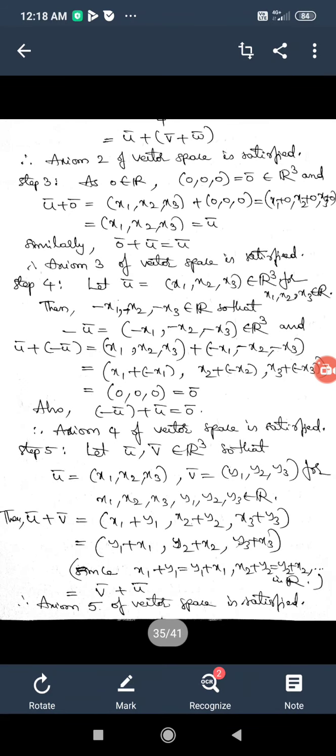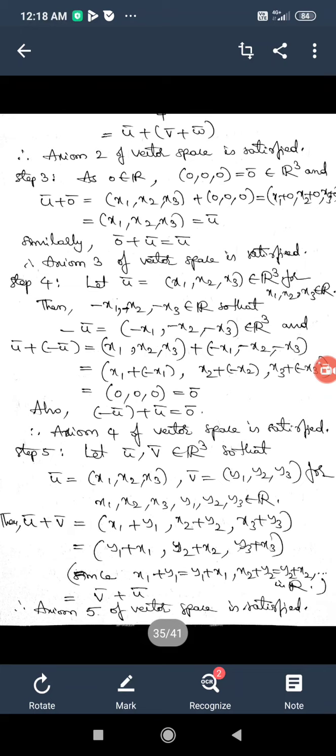Then u bar plus v bar is equal to x1 plus y1, x2 plus y2, x3 plus y3, and this is further equal to, I have replaced x1 plus y1 by y1 plus x1, x2 plus y2 by y2 plus x2, x3 plus y3 by y3 plus x3.